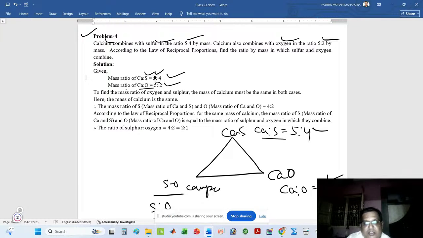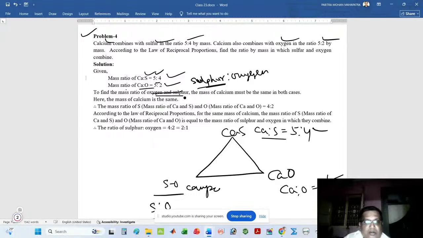That means we can say that calcium is now constant. So our target is to find the mass ratio of sulfur is to oxygen. This is your target. Find the ratio of sulfur is to oxygen.